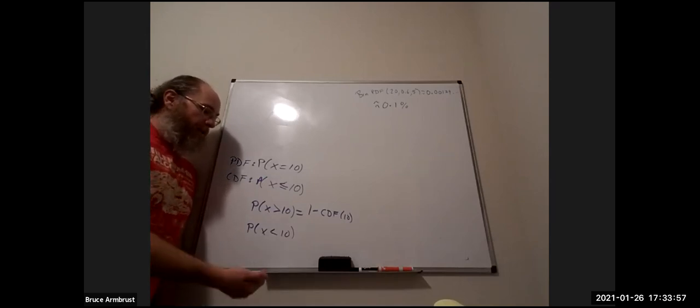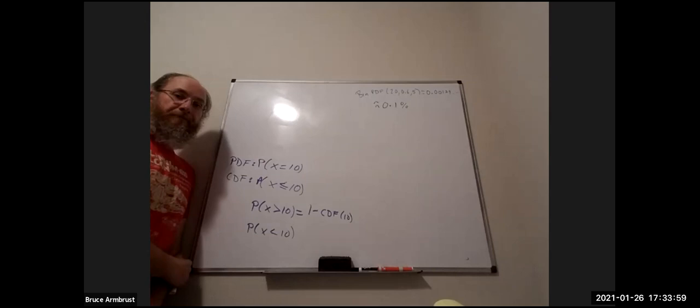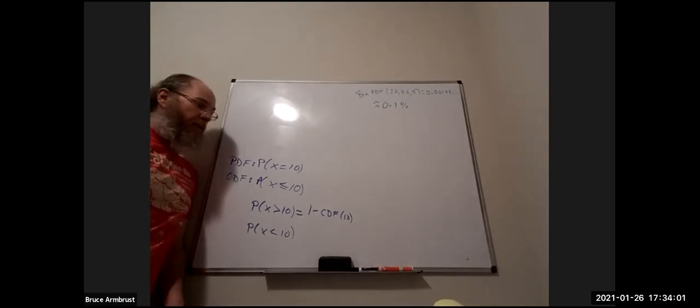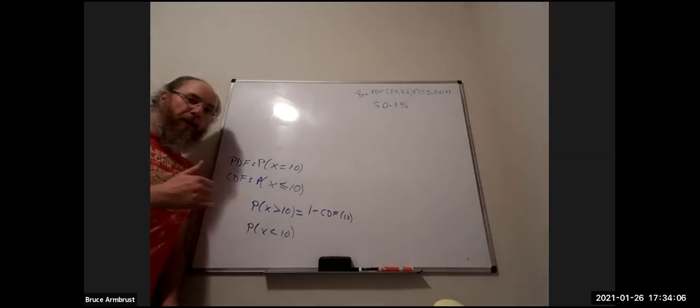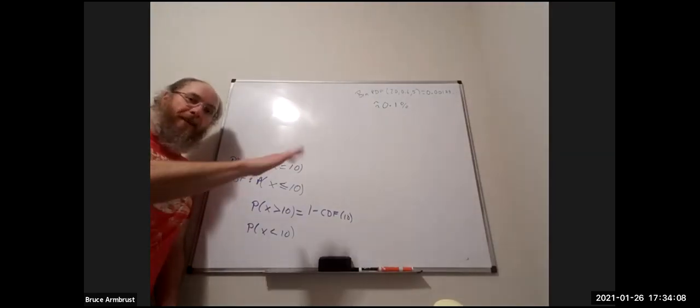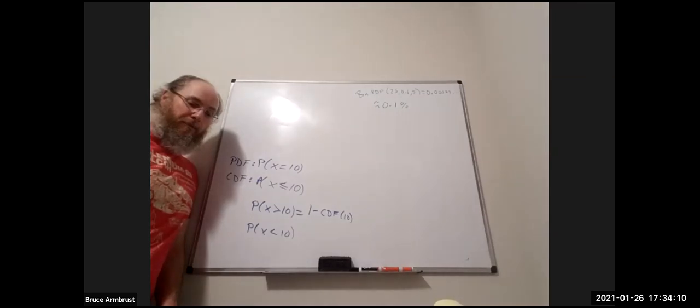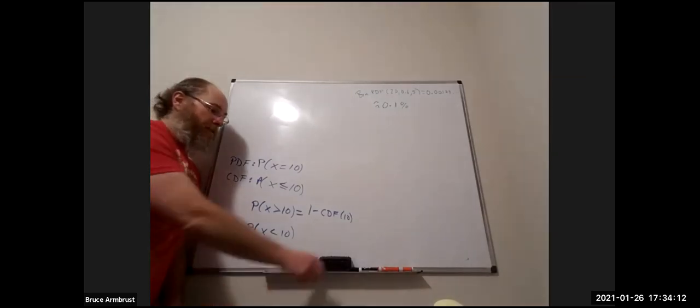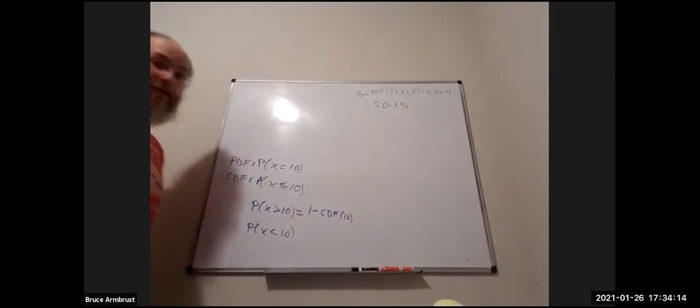Another probability we might want is, instead of less than or equal, what if I just want strictly less than? So I don't care about 10. I only want to know 1, 2, 3, 4, 5, 6, 7, 8, and 9. Well, there are 2 ways to think about this.